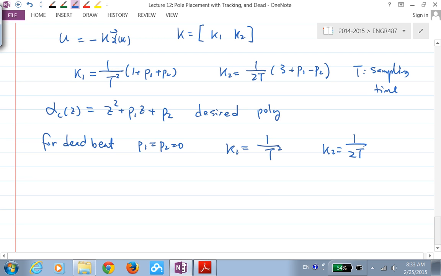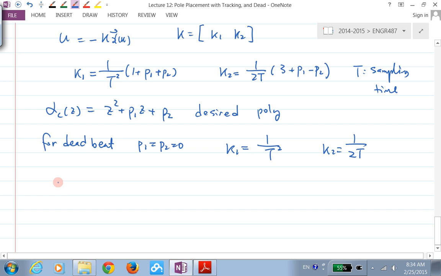So that's your gain K1, K2, which depends on the choice of sampling time now, right? So let's keep the T there, and then we'll vary the T to different values. We'll observe the differences. So this is K1 and K2.